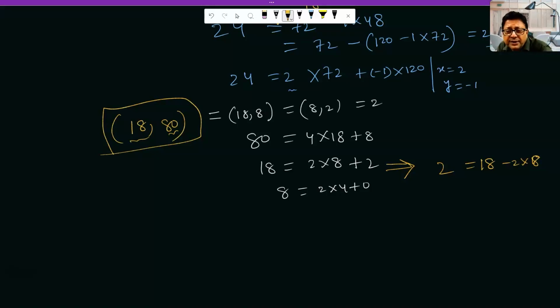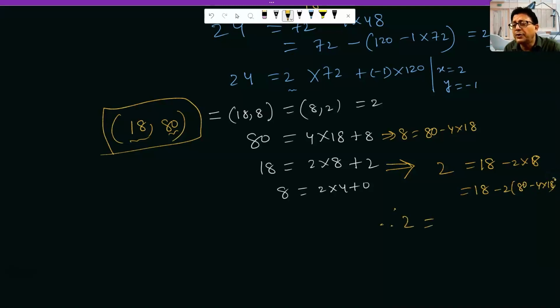That I did. That 8 you got in the previous step. 8 is 80 minus 4 into 18. So write it here. Clear? So we got 2 equal to 9 into 18 minus 2 into 80. It is of the form z equal to ax plus by.